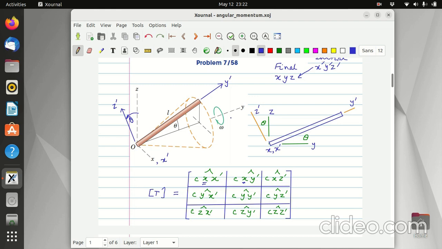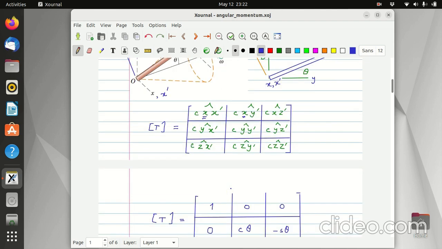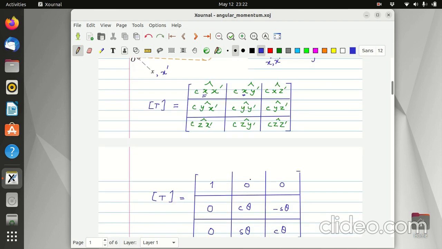Now what is x dashed? The angle between x and x dashed is 0, and x with y dashed is 90 degrees, and x with z dashed is also 90 degrees. So this is 1 0 0. Similarly this should be 0 0, and this is 1 0 0.